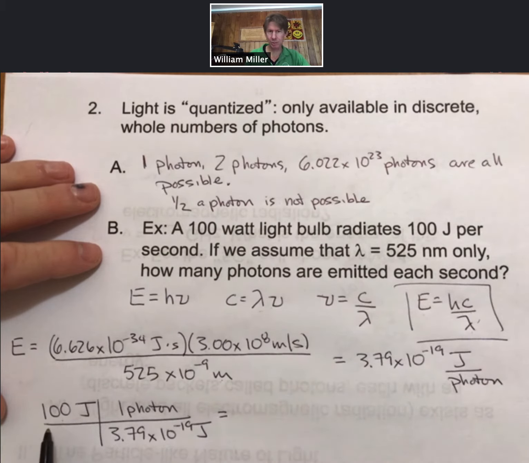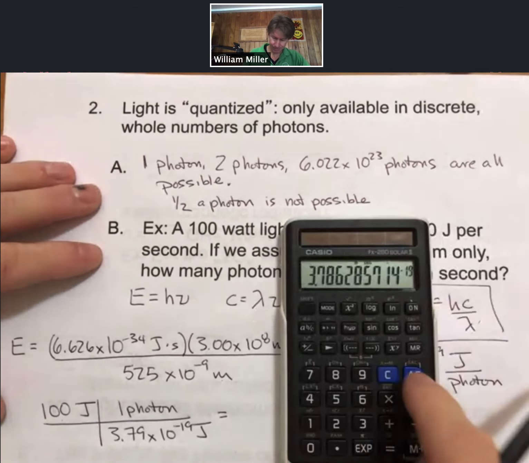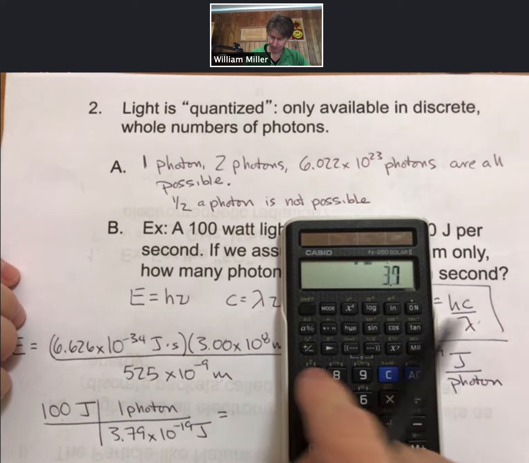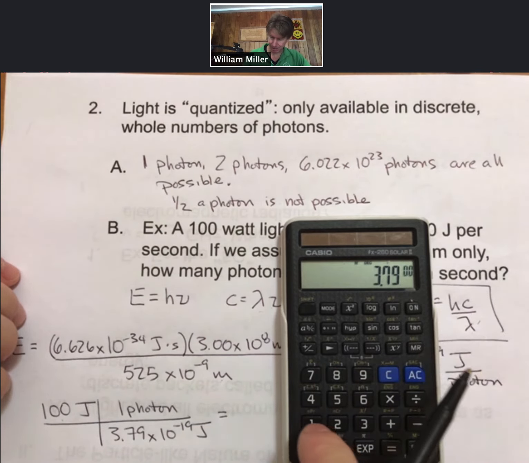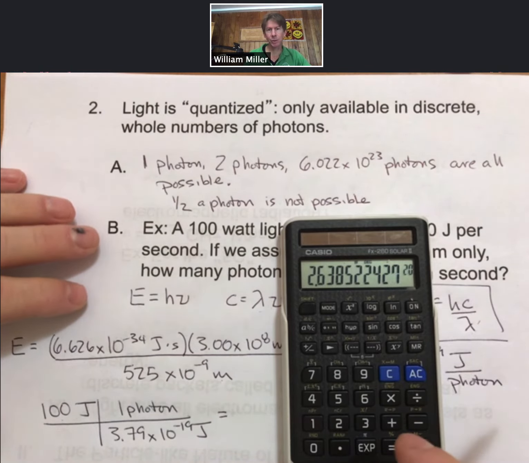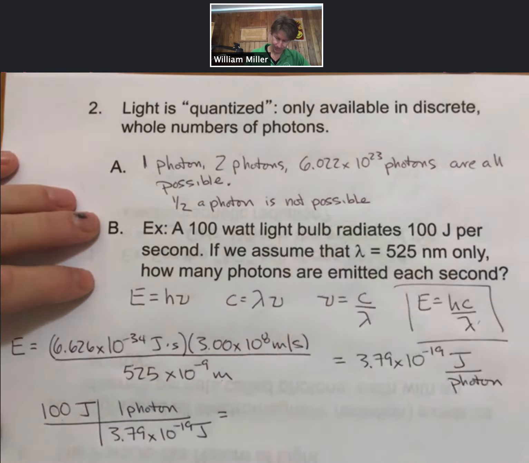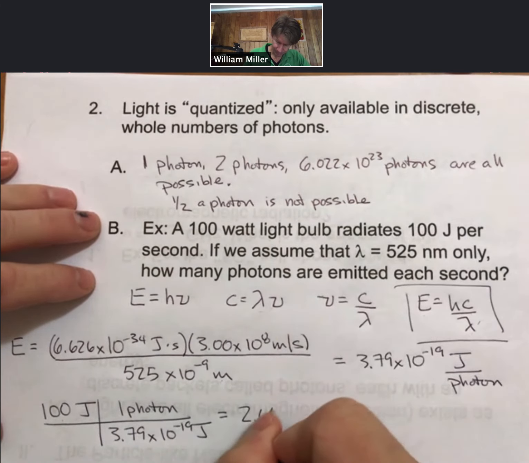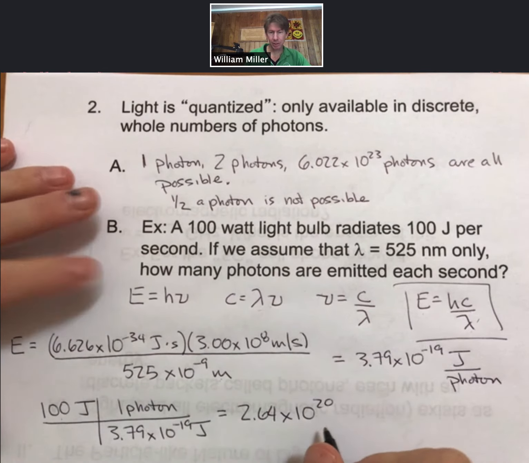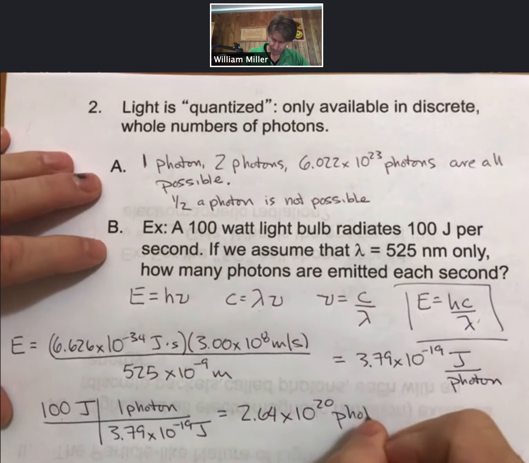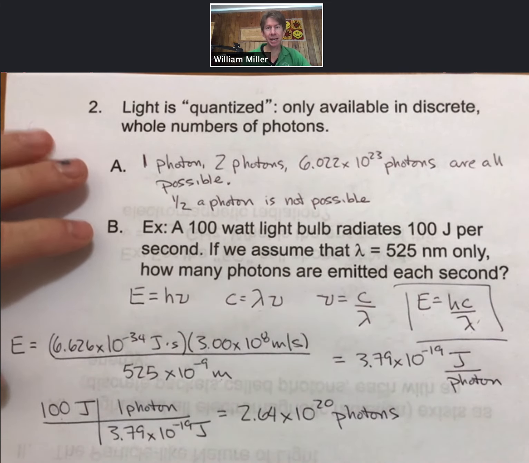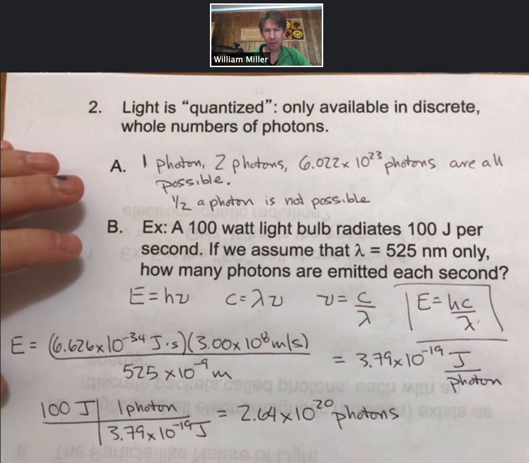So we'll start just with our 100 joules, 100 divided by 3.79 times 10 to the minus 19. And I get that there are 2.64 times 10 to the 20th photons. And that is the number of photons that are emitted each second, a very large number of photons.